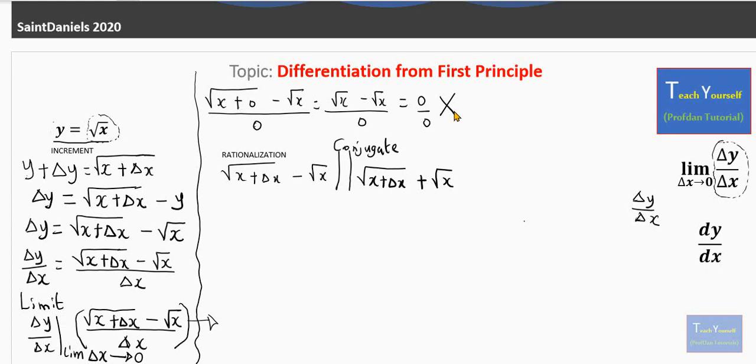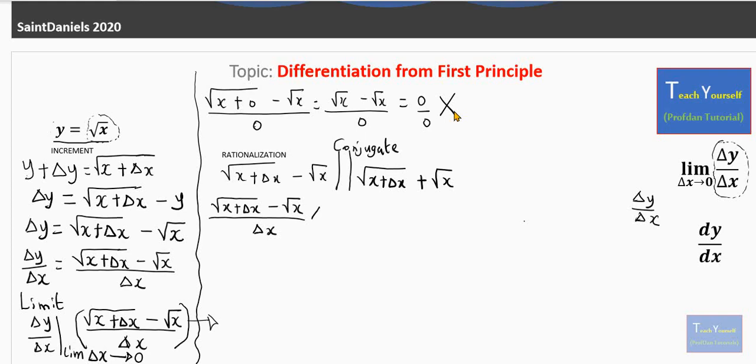So the concept of rationalization now says you need to multiply the entire fraction, that is root of x plus increment in x minus root of x, all divided by increment in x. So we want to rationalize this.